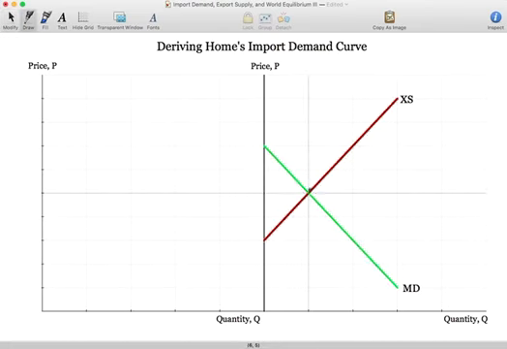So the equilibrium world market price is going to be the level where import demand and export supply are equal to one another. Let me change the color of that so it's consistent. So this is going to be the price in the world.